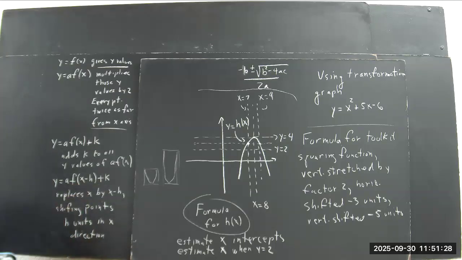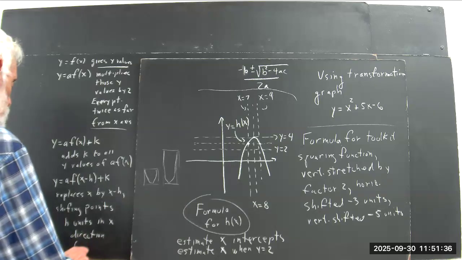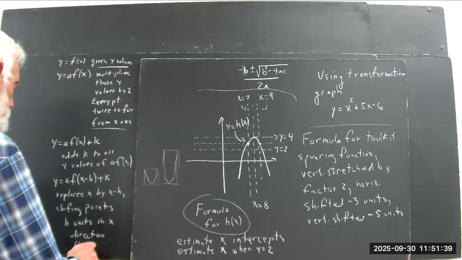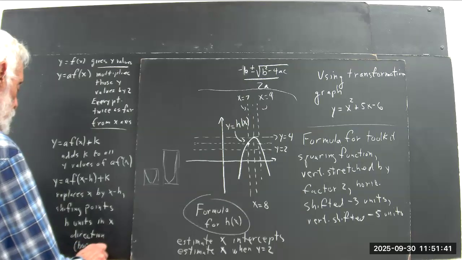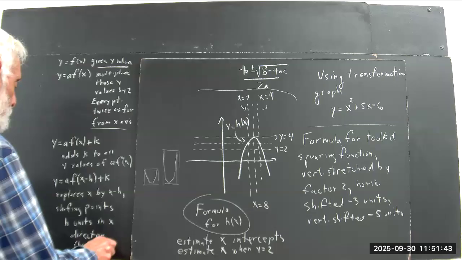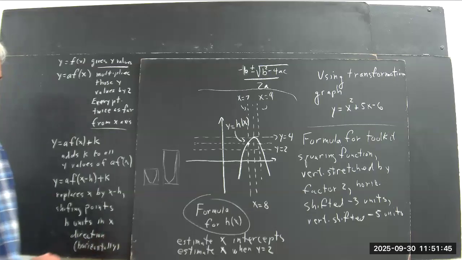So I say that this replaces x by x minus h, which shifts points h units in the x direction, that is, horizontally.